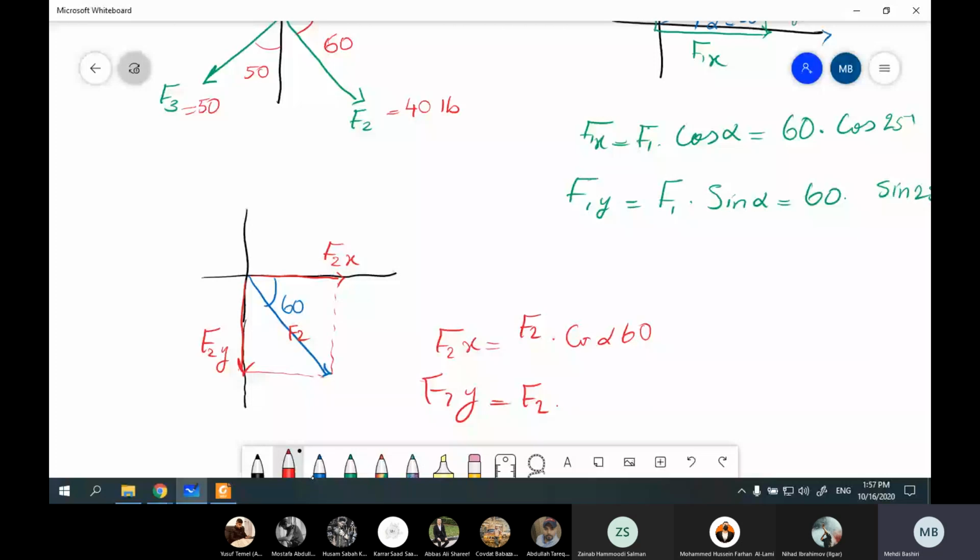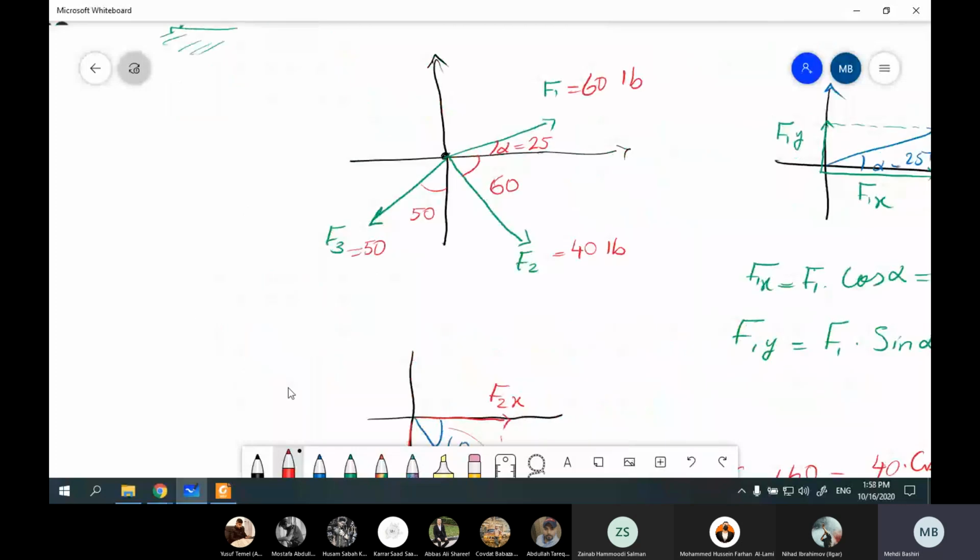Sine of 60. You can see that this one is sine of 60. So that would be 40 dot cosine of 60, and 40 dot sine of 60.